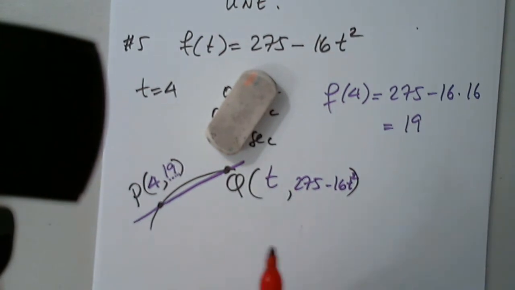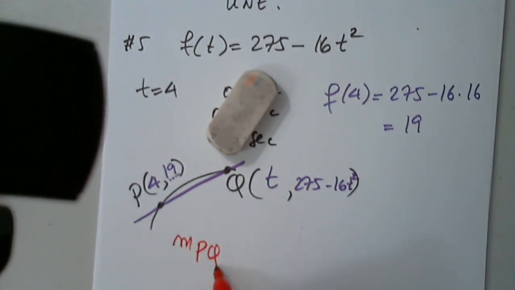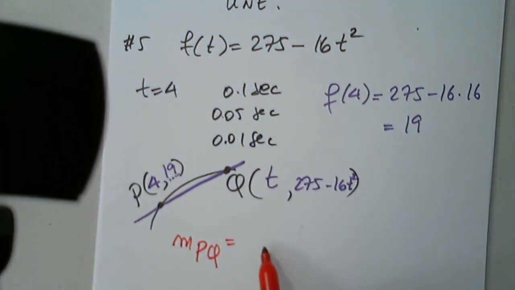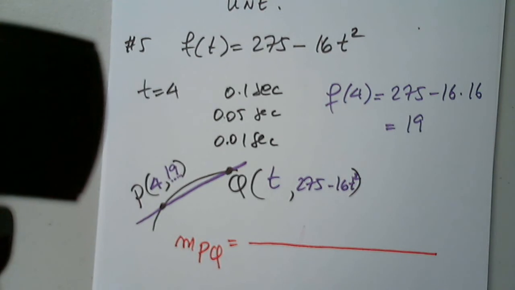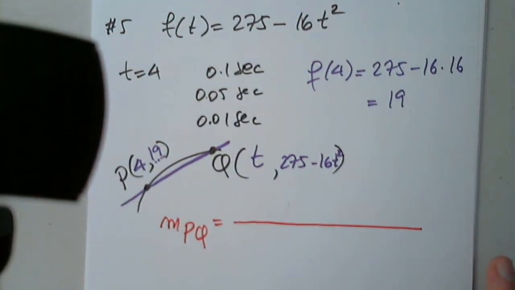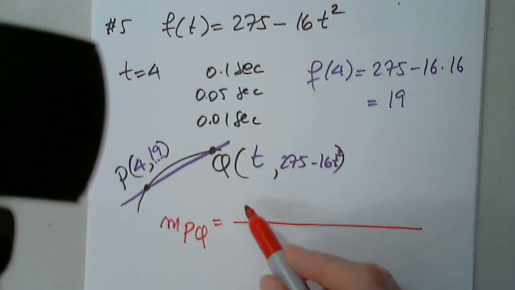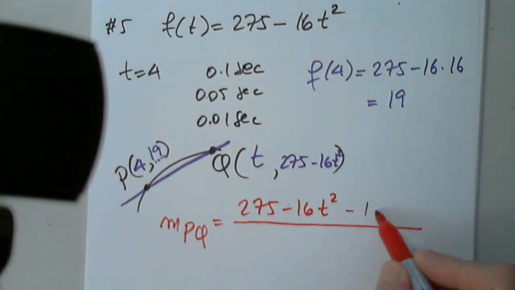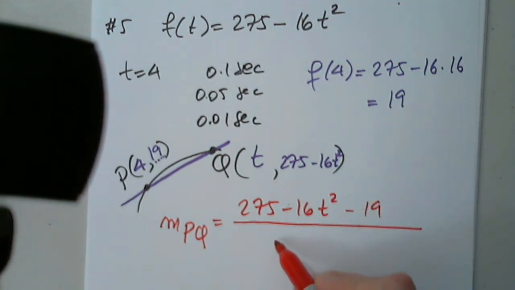So then now you're going to give me MPQ. What is MPQ? Is it 275 minus 16t squared minus 19, over t minus 4?